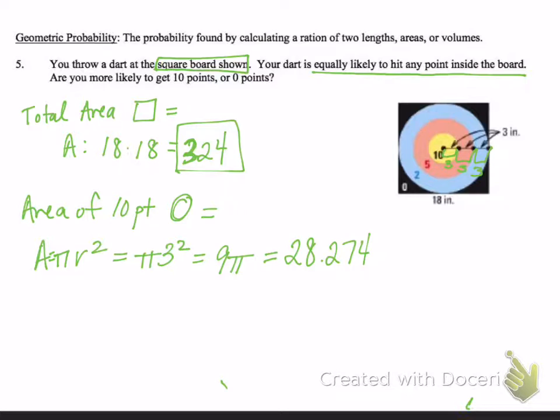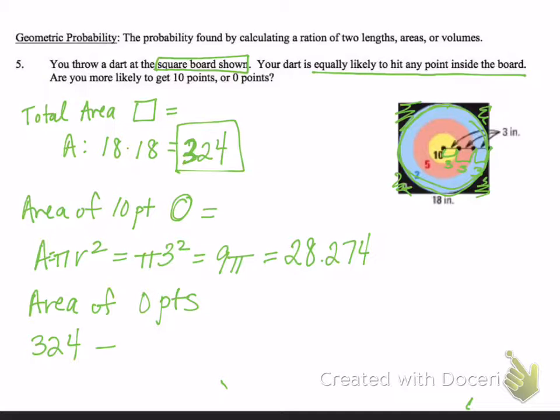So let's find the area of 0 points. I'm going to take the total, which is 324, and I'm going to subtract this big circle, and then that leaves me with all this outside area.